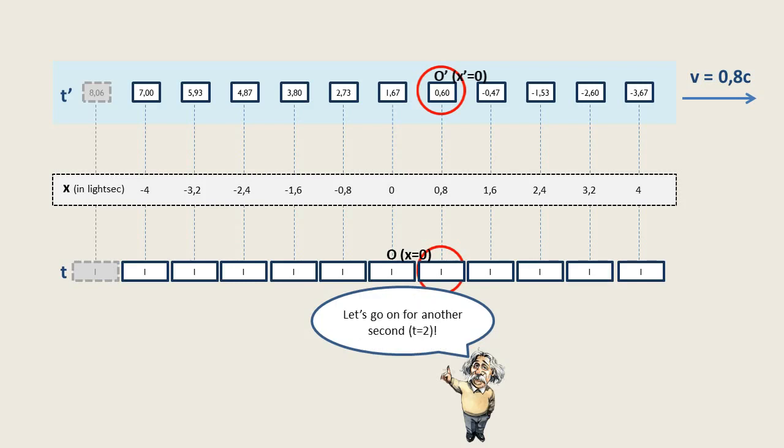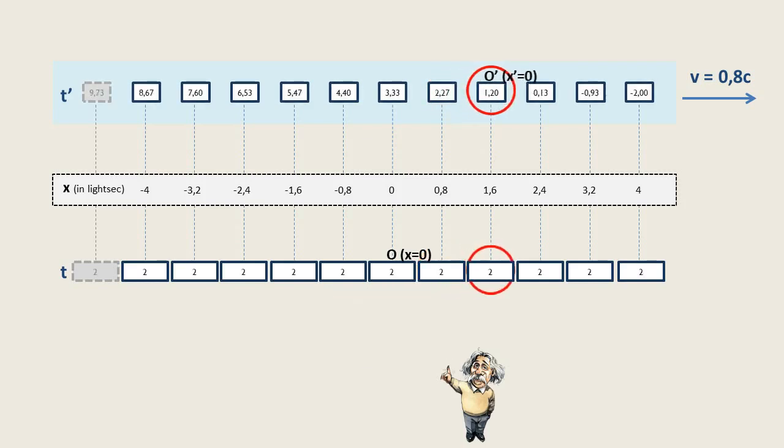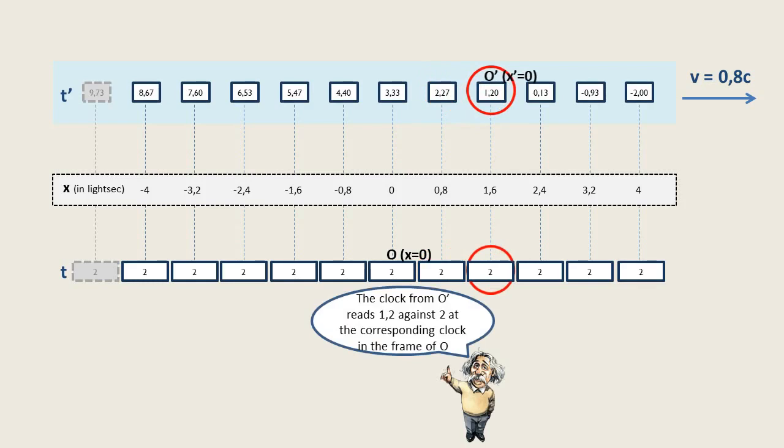Let's go on for another second. The clock from O' reads 1.2 seconds against 2 seconds at the corresponding clock in the frame of observer O. So the clock from O' is running at the rate of 60% of the clocks from O.